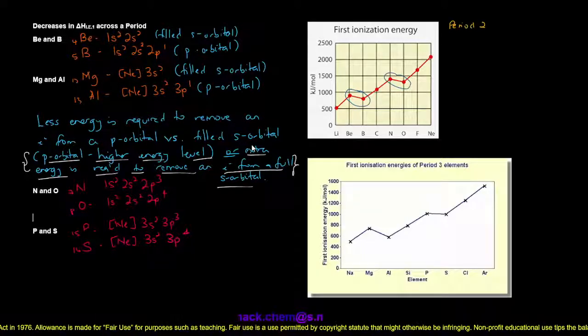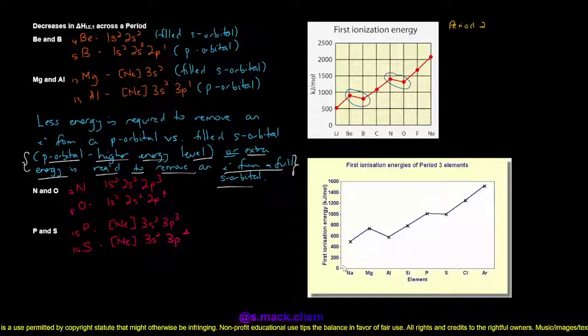So this is why the ionization energy drops from beryllium to boron, and magnesium to aluminum. Less energy is needed to remove an electron from a higher energy level p orbital, or more energy is needed to remove an electron from a full s orbital.